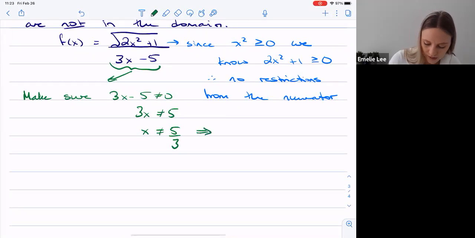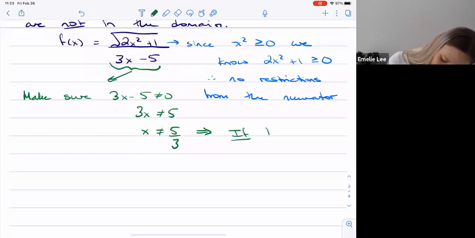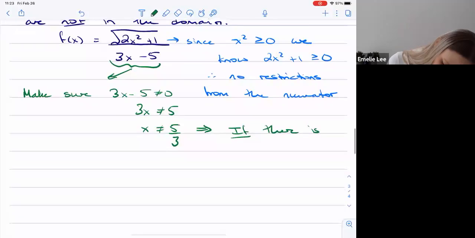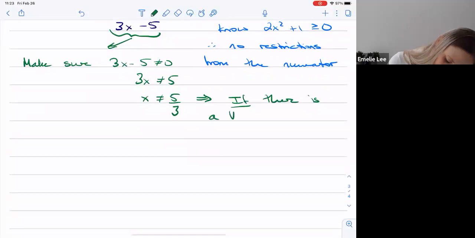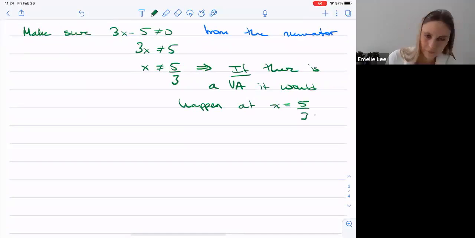What we'll know here is that if there is a vertical asymptote, it would happen at x equals 5 over 3.